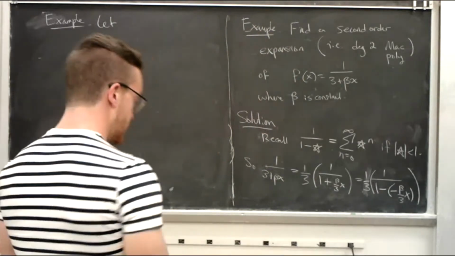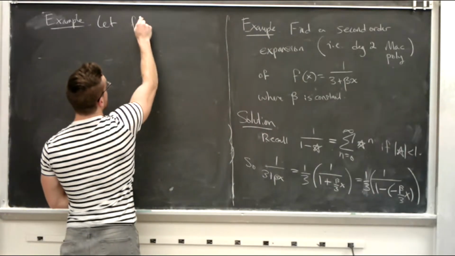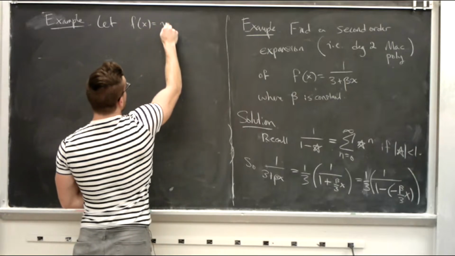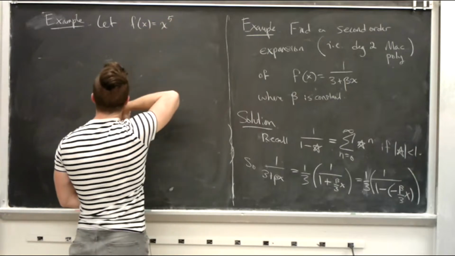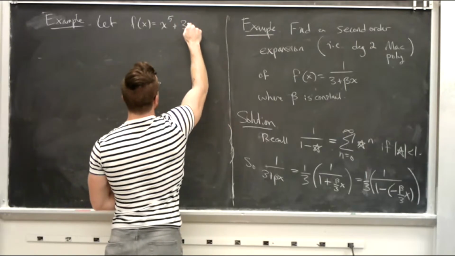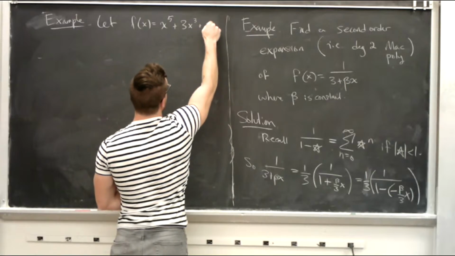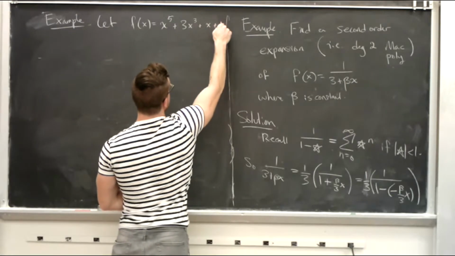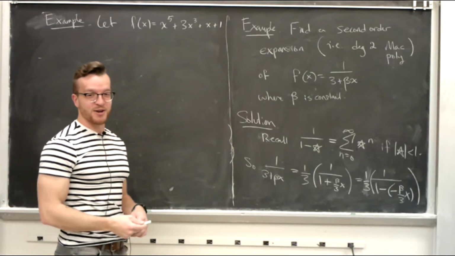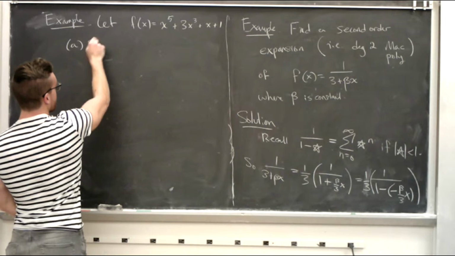Let's let f be, well, let me just make this not too crazy. x to the 5th plus 3x cubed plus x plus 1. Okay, there's a function. Part A, show that it's invertible.